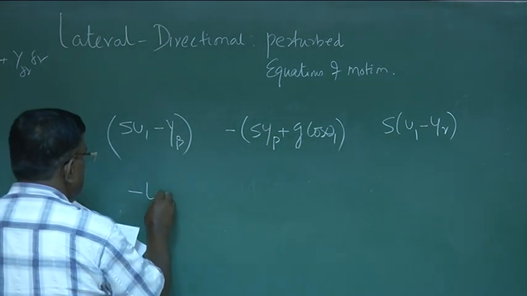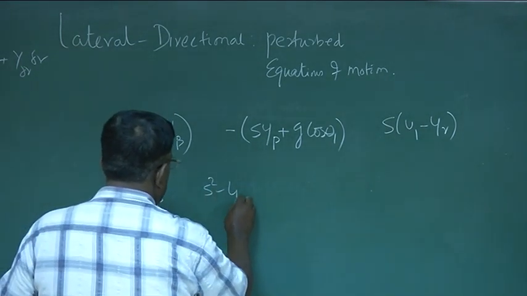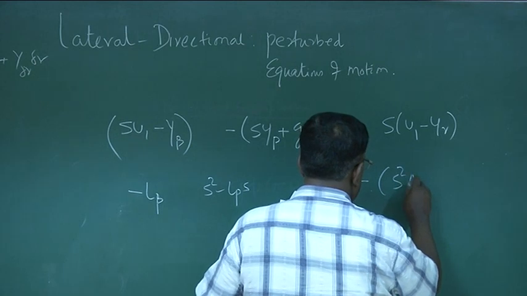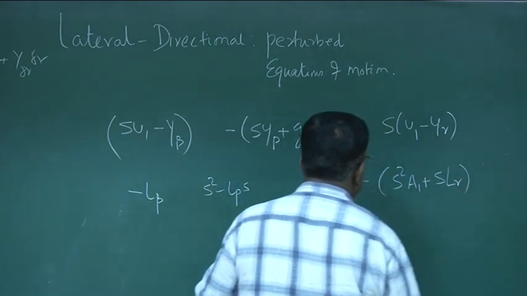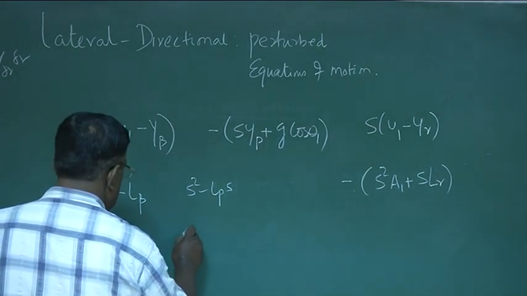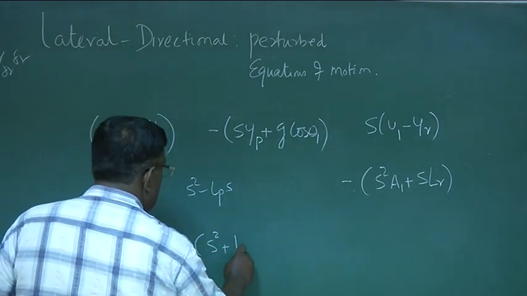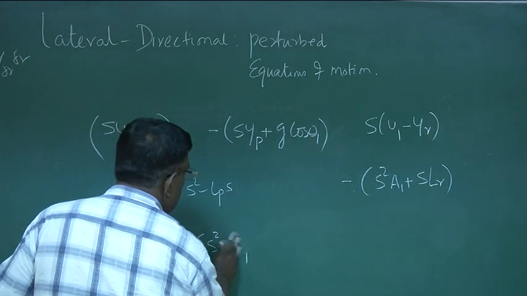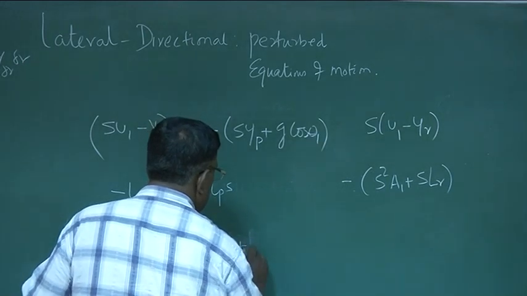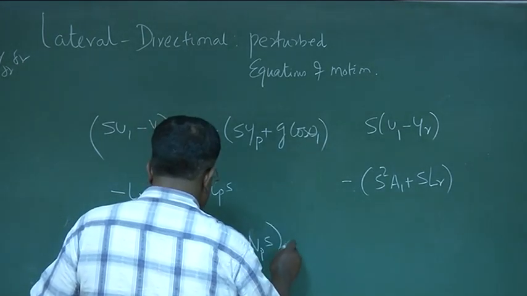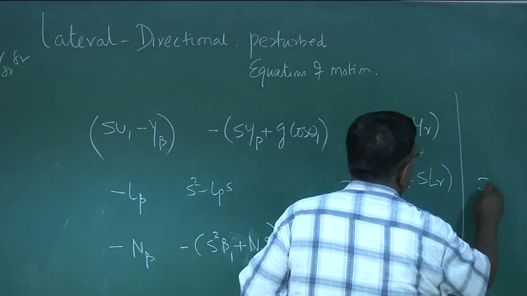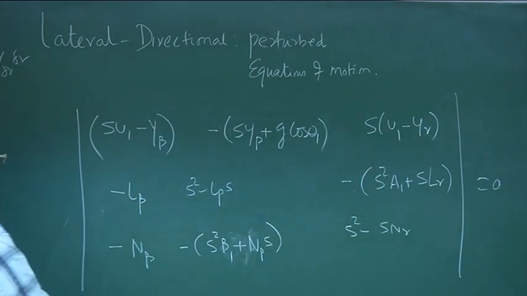Then minus L beta, S square minus LP S, and here it is minus S square A1, and then you have minus N beta and minus S square B1, plus N P S, then S square minus S N R. So this determinant equal to 0 will be the characteristic equation.